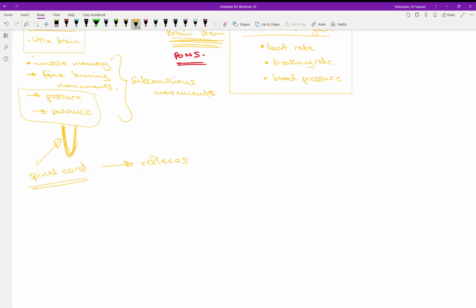Another example is dropping a hot kettle. If you pick up a kettle, you don't consciously think, oh, that's hot, I should probably drop that. You just drop it without thinking. So these are your reflexes. They're very fast, and we'll learn more about them as we go through Unit 2.